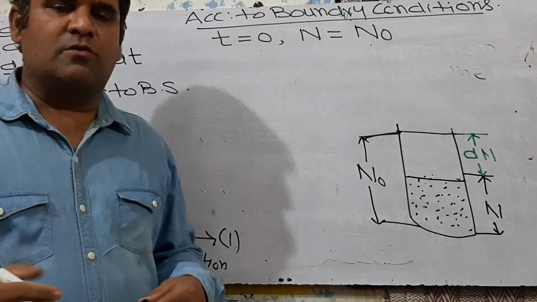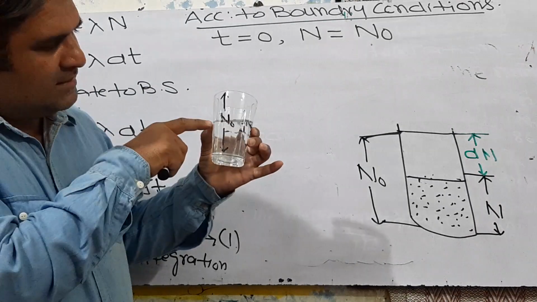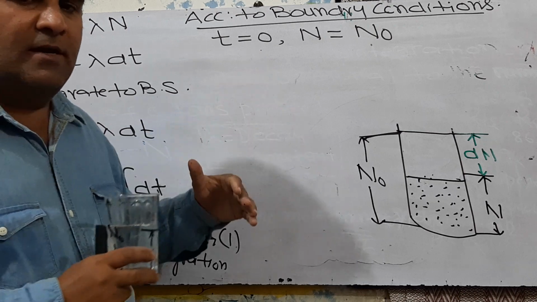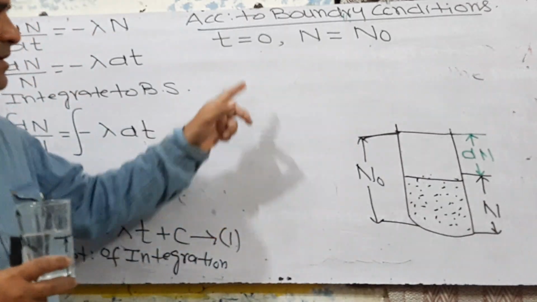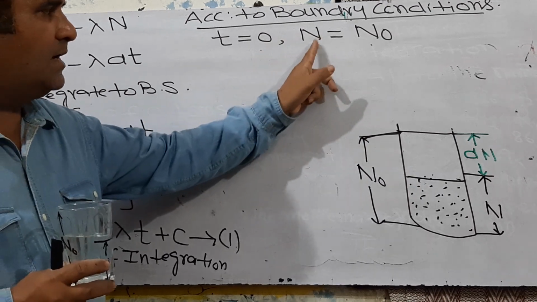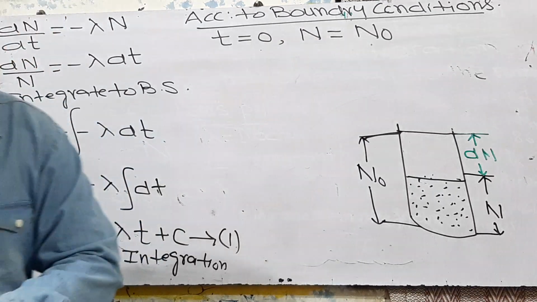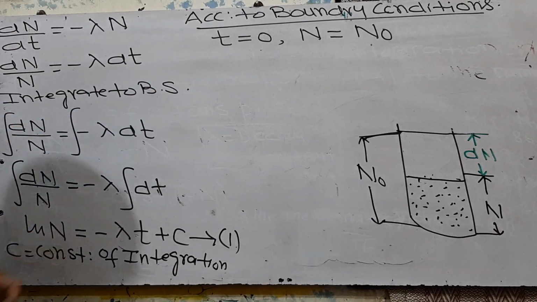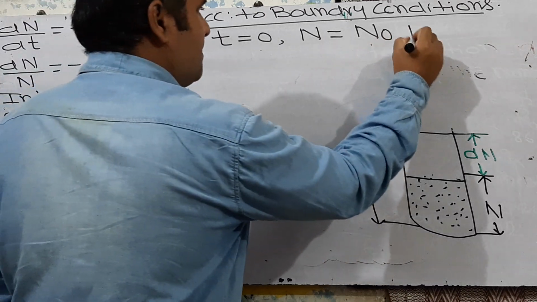As I told you before, the water present in the glass originally was N naught. So at time t equal to 0, before disintegration, the number of atoms present in the nucleus was N naught. So we apply these conditions in equation number 1.